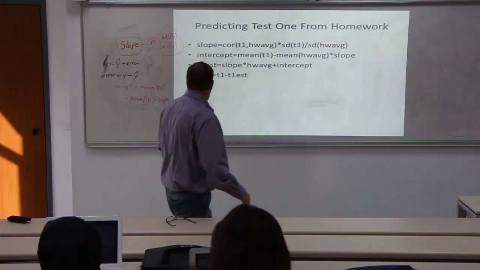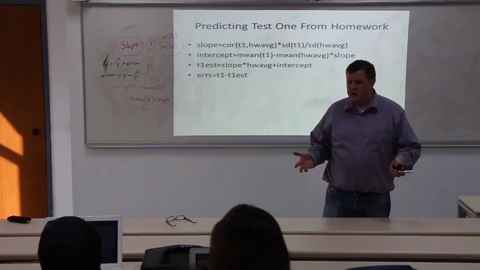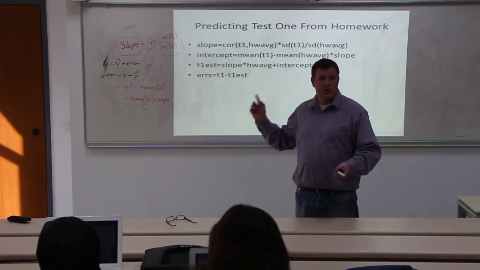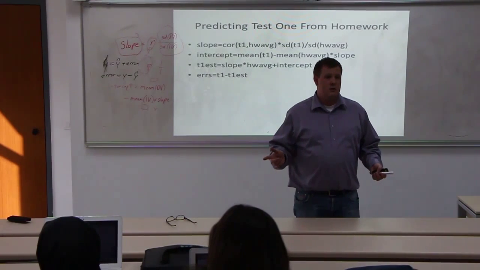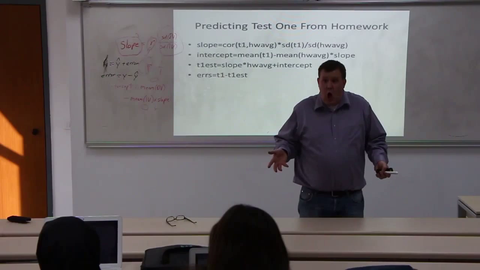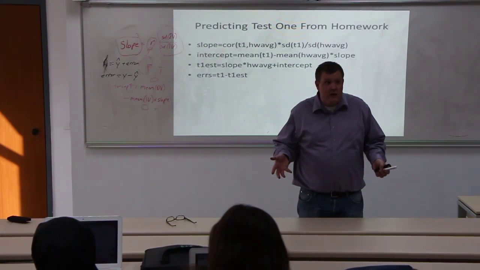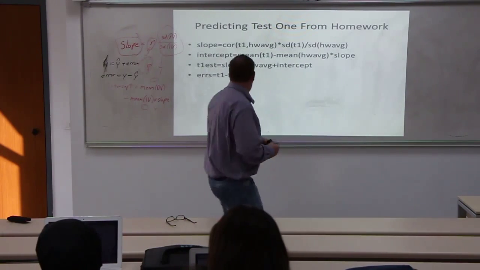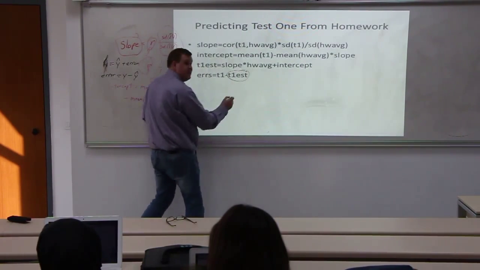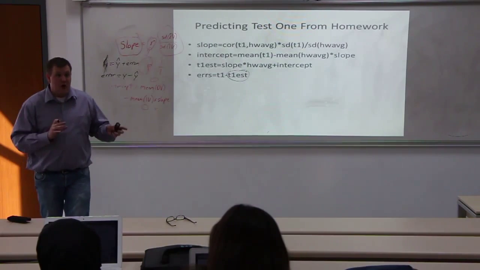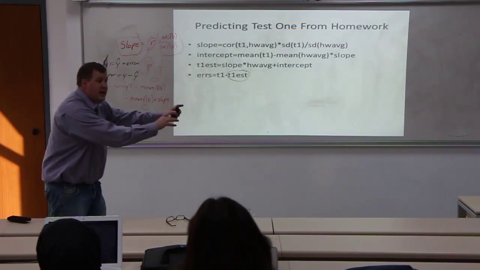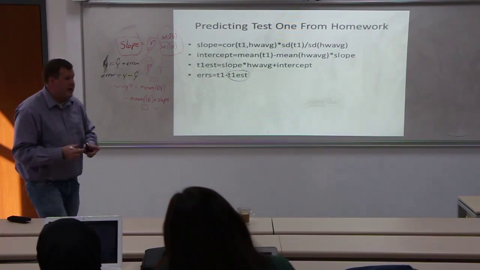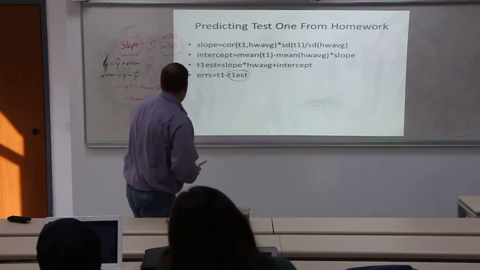Now, the errors, should they be correlated with our homework scores? No. They should be independent of our homework scores, right? Because we've already accounted for our homework scores with our estimate. The estimate is correlated with the homework scores, and we subtract out those estimates. So we're getting rid of them.